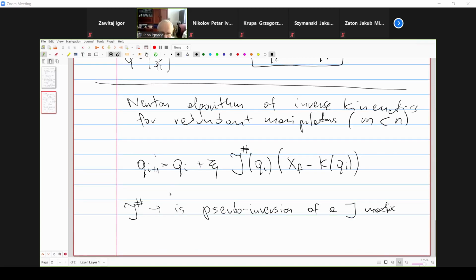So how to calculate the pseudo inversion? Well, the formula is quite simple because it's like this. Jacobi transpose. I've omitted arguments just not to make too much math in this formulation. So the pseudo inverse of the Jacobi matrix looks like this.